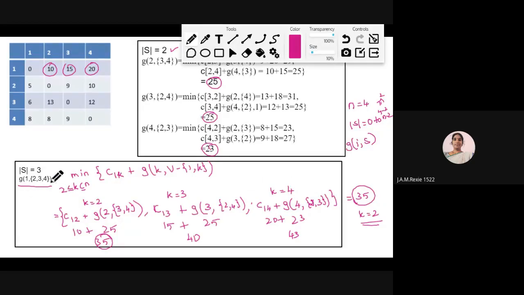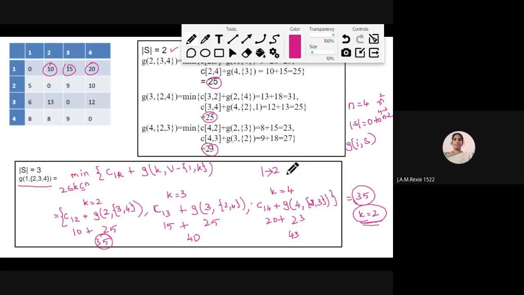So for this particular solution, for the last solution G of 1 comma 2,3,4, we are having the K value as 2, which means from 1 I have to choose 2 as my immediate next vertex. First I have to choose the 1 to 2 edge, so that I can get the least cost of 35. What are the remaining vertices I have to travel yet?